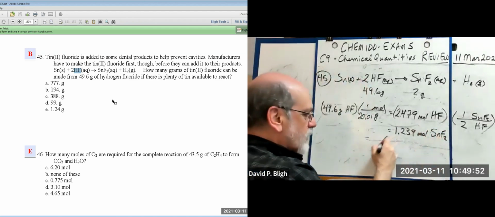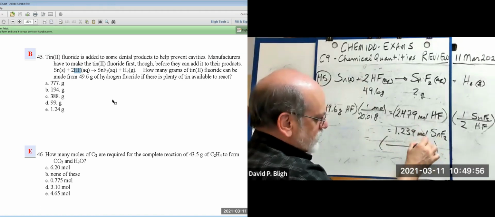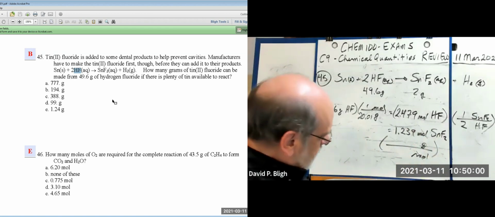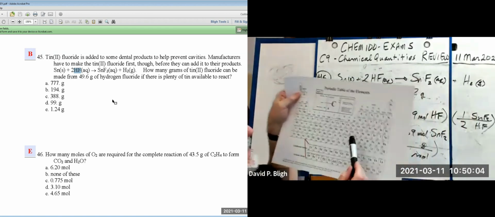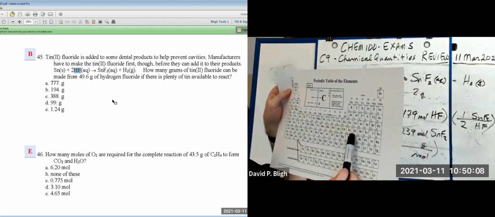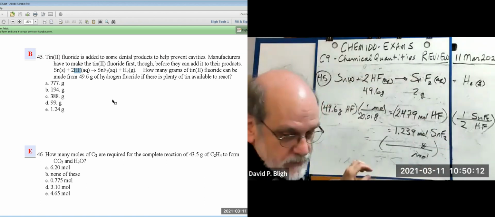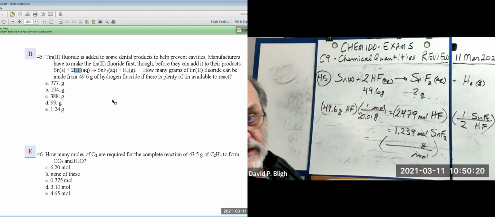Right. So now to convert that, moles on the bottom, which will cancel these moles, grams on the top. So tin is right in here, 118.71. 118.71 plus 2 fluorines, and each one is 19.